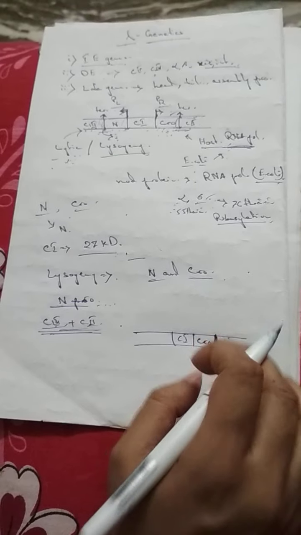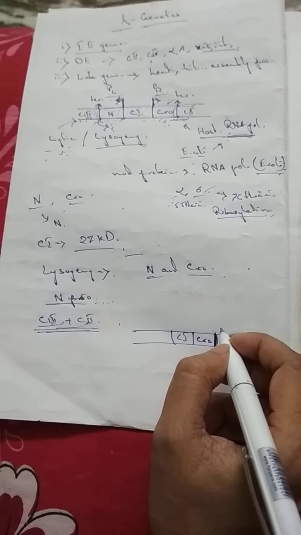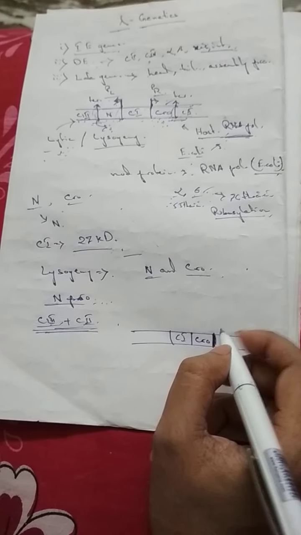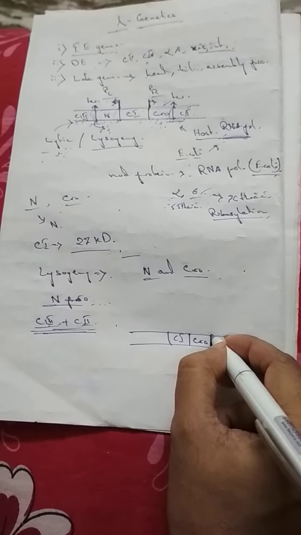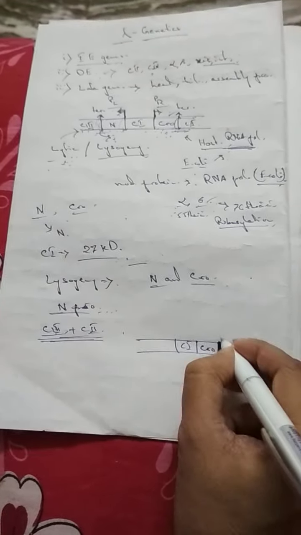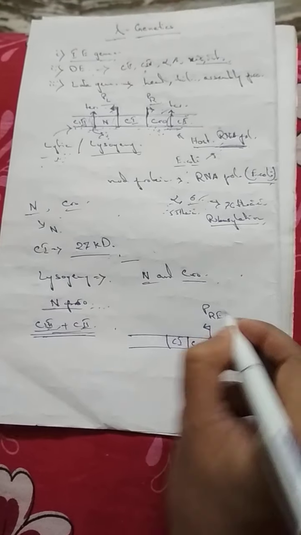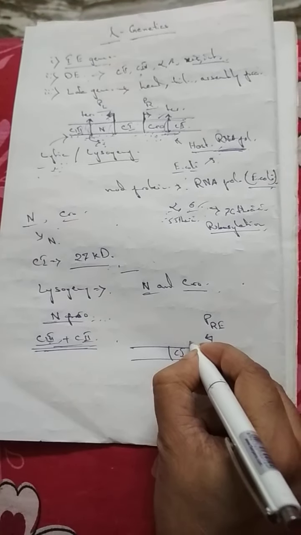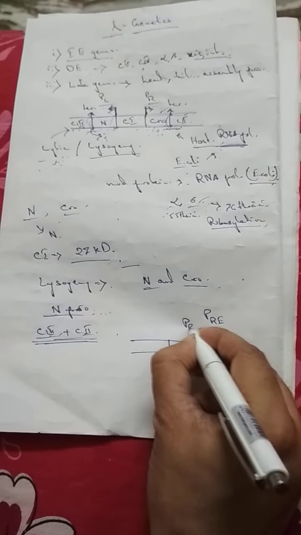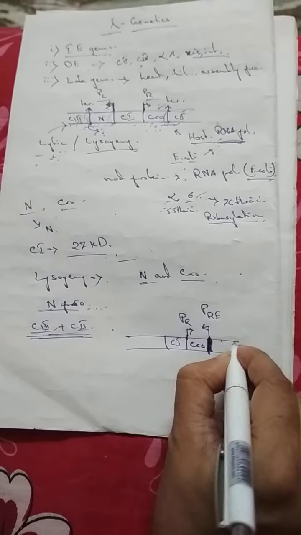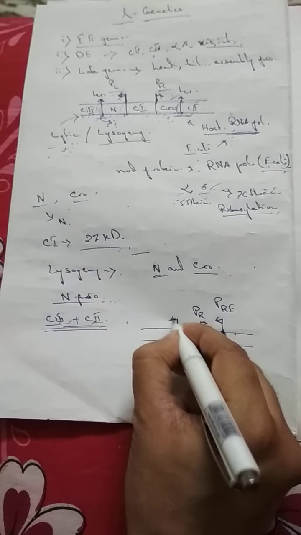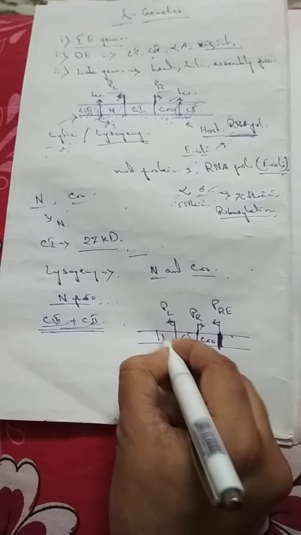From here they start transcription from another promoter called PRE. The promoter and the operator sequence mainly lie here, and here is another promoter termed PRE. As a reminder, I will draw it again: the PR promoter is in this direction, and the PL promoter is in that direction.